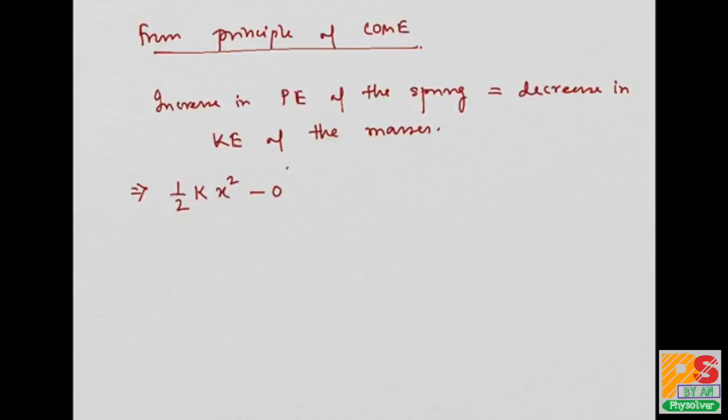So increase in potential energy of the spring is half k x square minus 0, and coming to decrease in kinetic energy, the initial kinetic energy was half m v naught square, and final kinetic energy is half into total mass 3m moving with same velocity v, so v square. Correct?